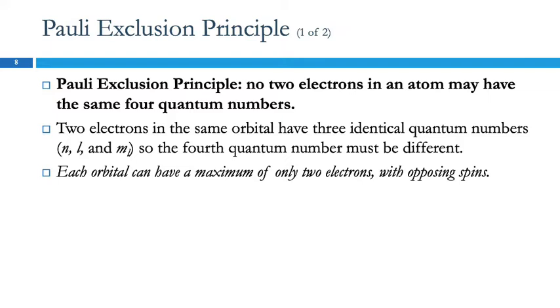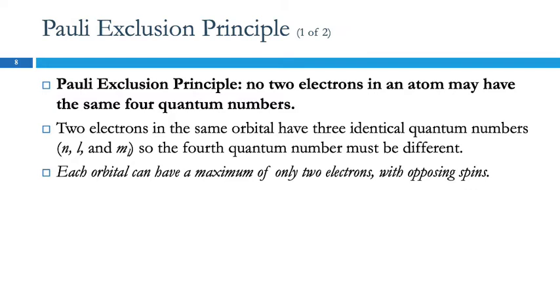The Pauli exclusion principle tells us that no two electrons in an atom can have the exact same 4 quantum numbers. So it's like no two people in the United States can have the same social security number, right? It has to be unique to you. You're the only one with your social security number.